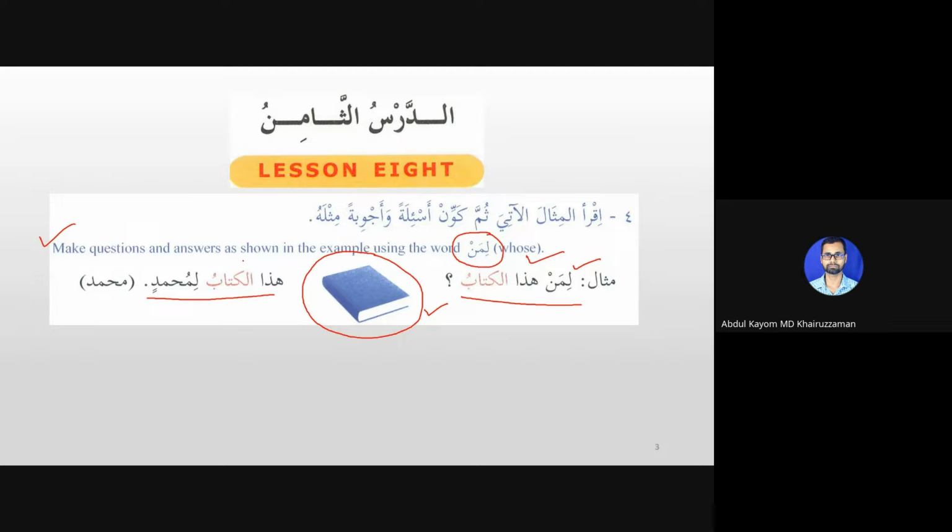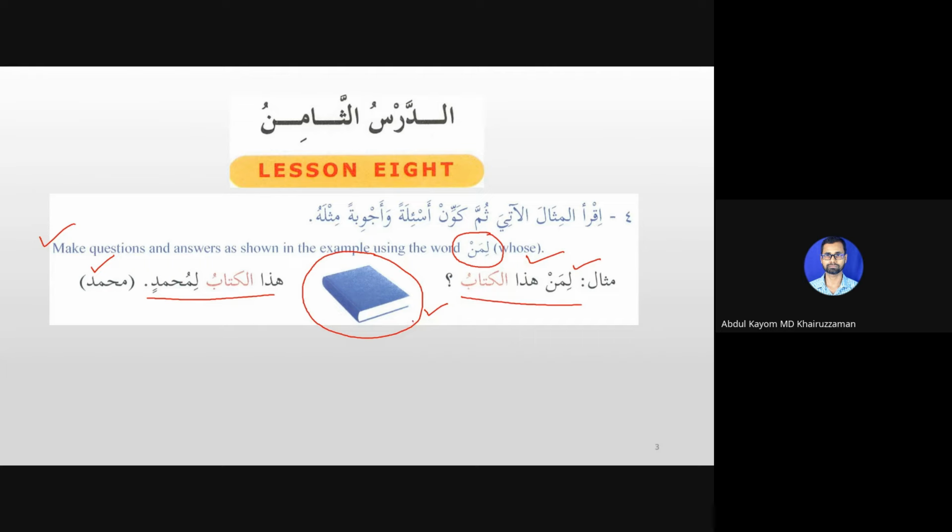Then we will answer. The answer will be given in the parenthesis. Suppose this book belongs to Muhammad, so you have to say this book belongs to Muhammad. So how we say: هذا الكتاب means this book, هذا الكتاب لمحمد. So this book belongs to Muhammad.